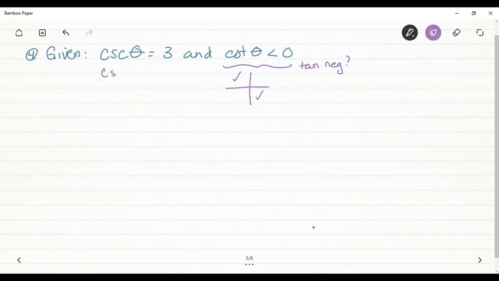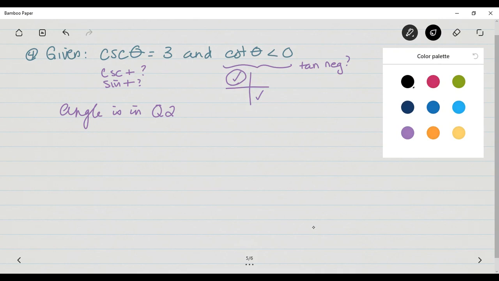Cosecant is positive in what quadrant? Cosecant is positive when sine is positive. Where is sine positive? Sine's positive in quadrant 1 and quadrant 2. So now we have an overlap in quadrant 2. So our angle is in Q2.